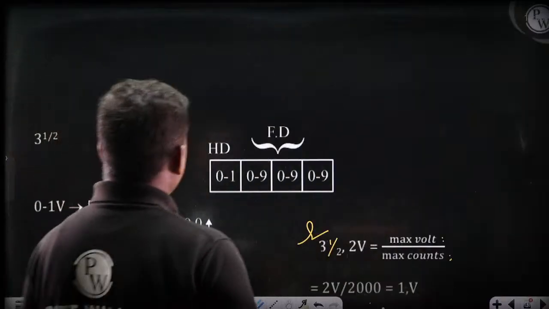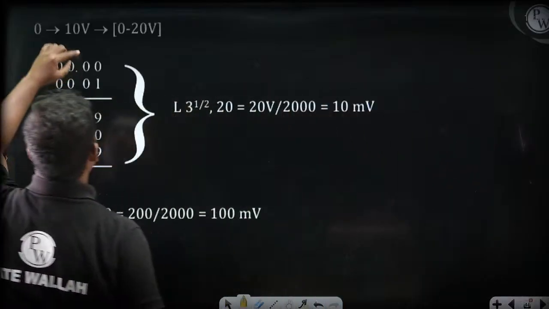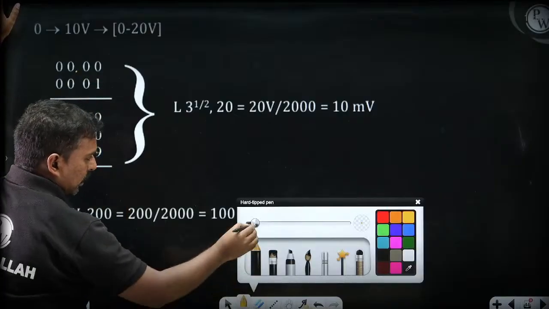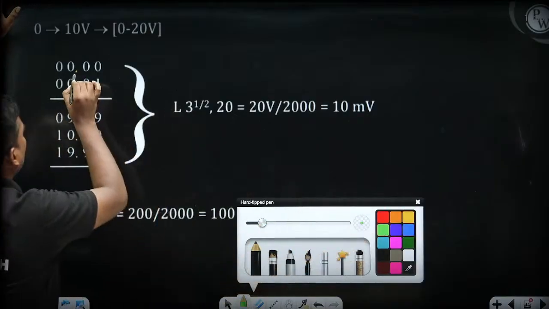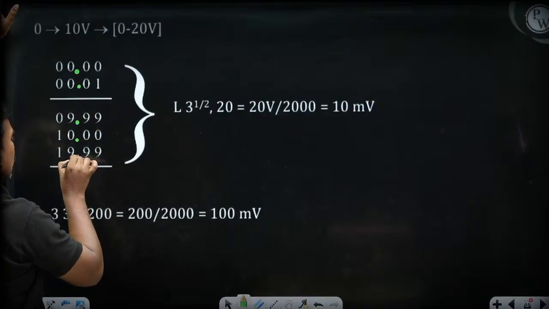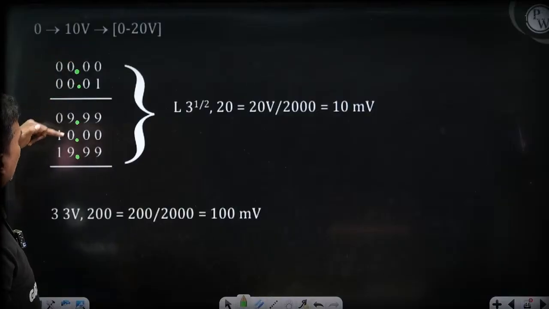Similarly, I can go for a range of 10 volts, which extends to this one. If the position selection switch is here, the display goes 0.00, 0.01 to 9.99, 10.0 to 19.99, so 0 to 20.